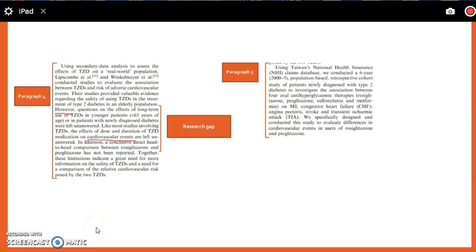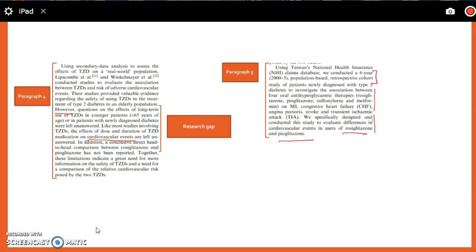So very clearly, they start off with using this claims database. We conducted a 6-year population-based retrospective cohort study. So right here, they're telling me how they're doing it very briefly, and then describing exactly what they're looking for in this last sentence. We specifically designed and conducted a study to evaluate differences in cardiovascular events in users of rosiglitazone and pioglitazone.